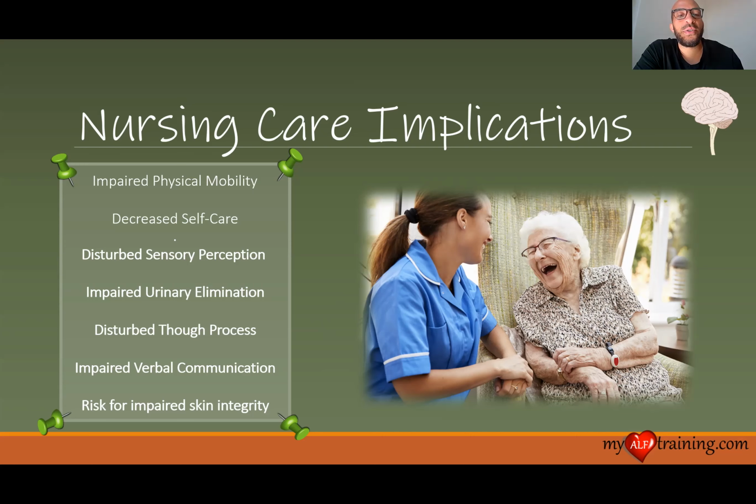Next, disturbed sensory perception. So this means that they aren't going to be able to see us as well, won't be able to speak with us as well, but that's more for impaired verbal. So disturbed sensory, they're not going to be able to see us or feel us or sense us.